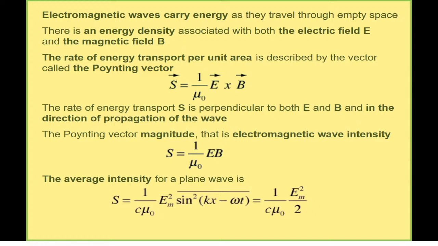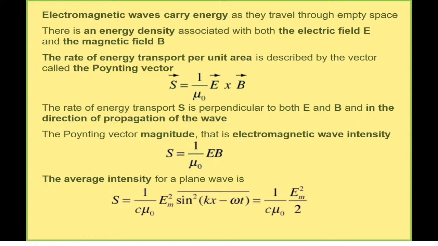And this becomes the rate of energy transport. When we divide this by the area of the surface, we obtain the rate of energy transport per unit area.